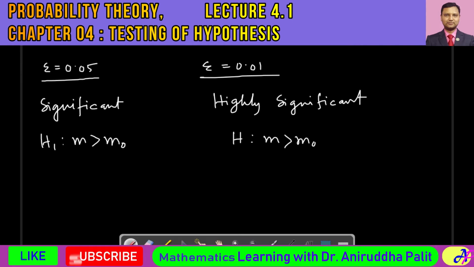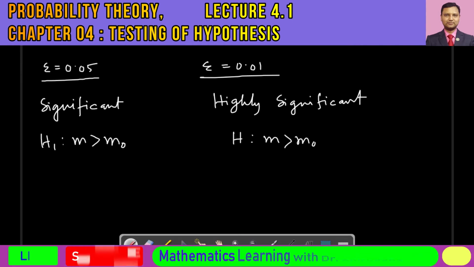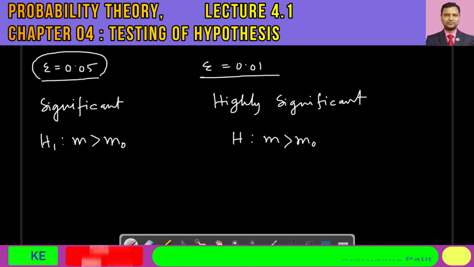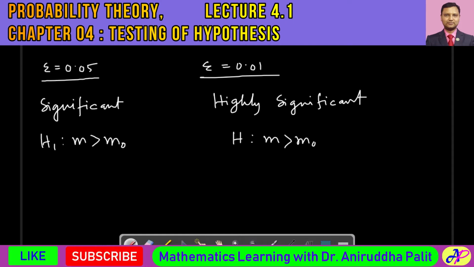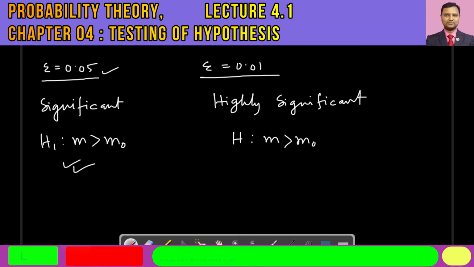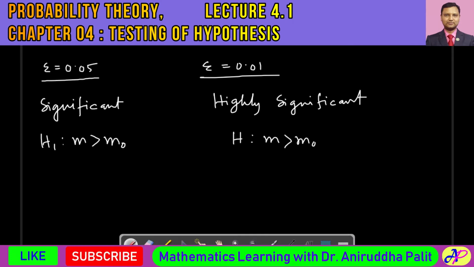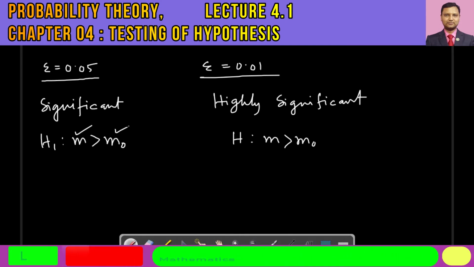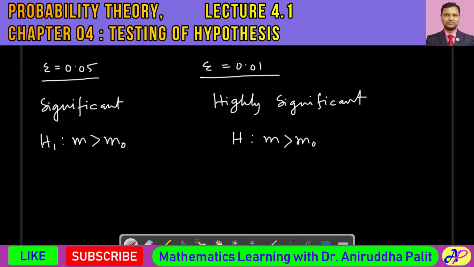And remember, whenever you make any conclusion, don't forget to mention the level of significance. So in our case, we have taken epsilon equal to 0.05. So we can say that we have significant reason to believe that the population mean m is greater than the previous population mean, with significance level epsilon equal to 0.05.